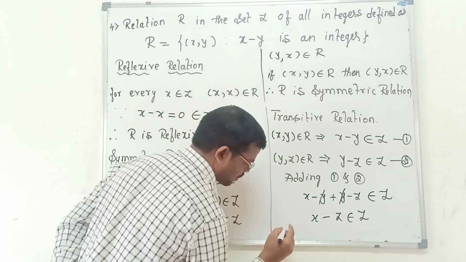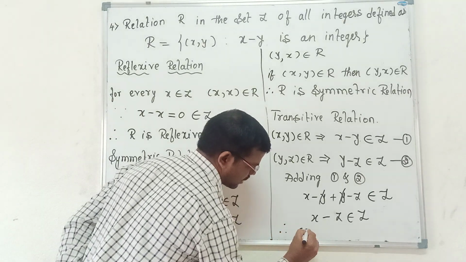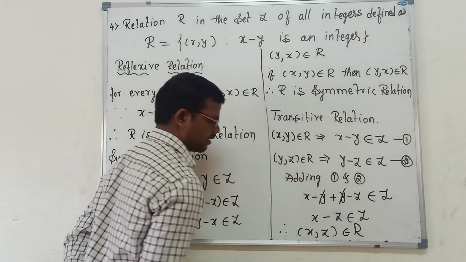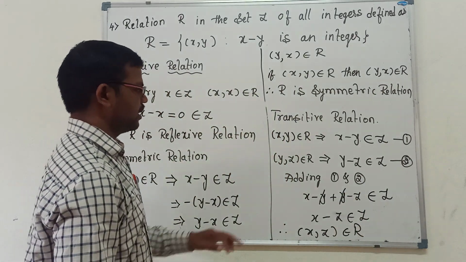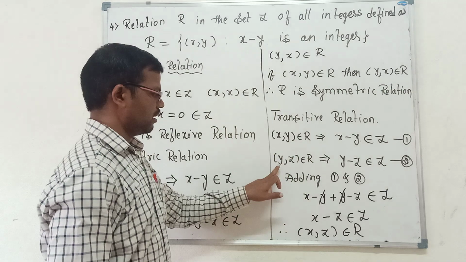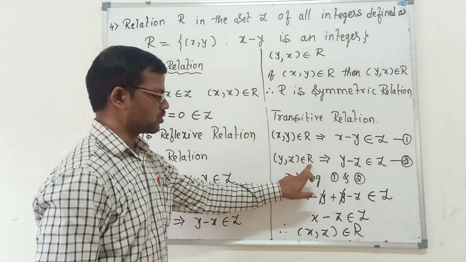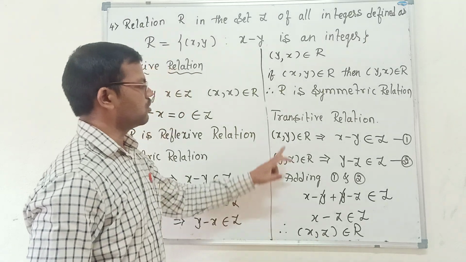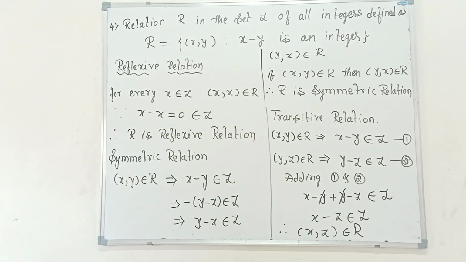Therefore (x, z) belongs to R. So we got the pair (x, z): (x, y) we have in R and (y, z) belongs to R, then we got (x, z). Therefore R is transitive.